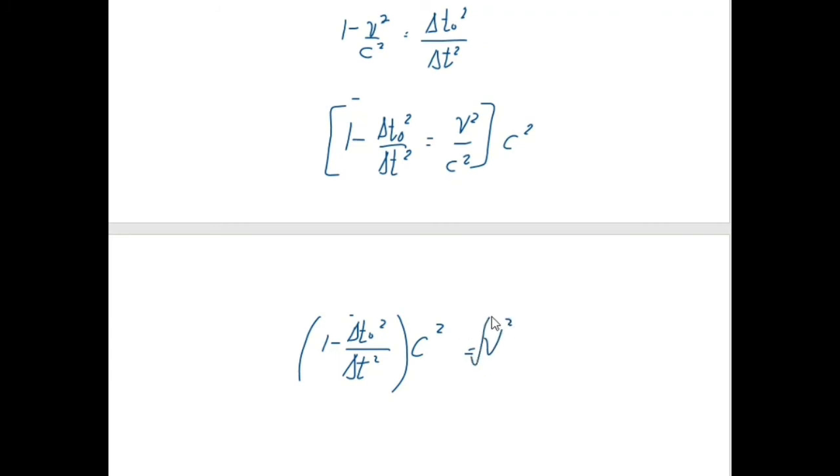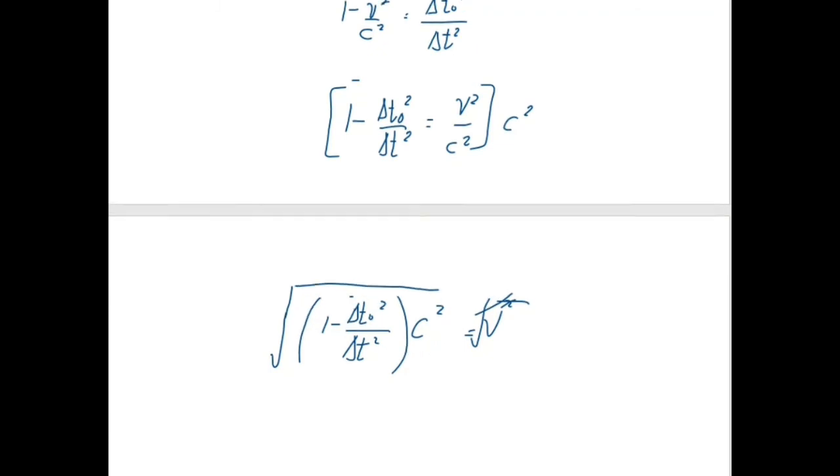But we have to get the square root of both sides, kaya cancel na yan, and then square root of this. Our final equation for velocity is the square root of 1 minus delta t naught squared divided by delta t squared, times c. So let us substitute the given.